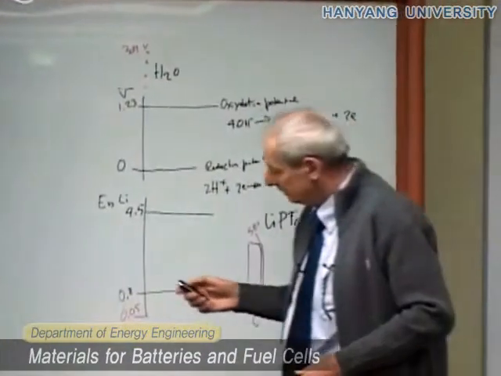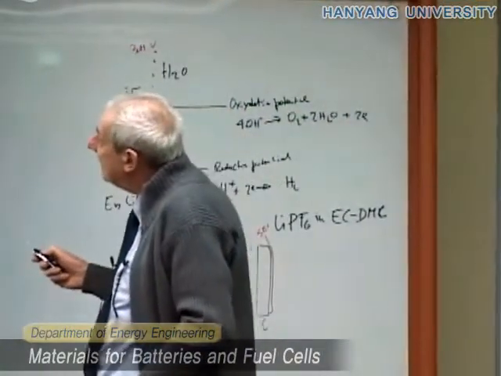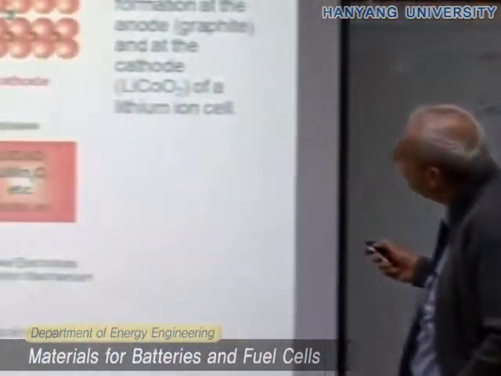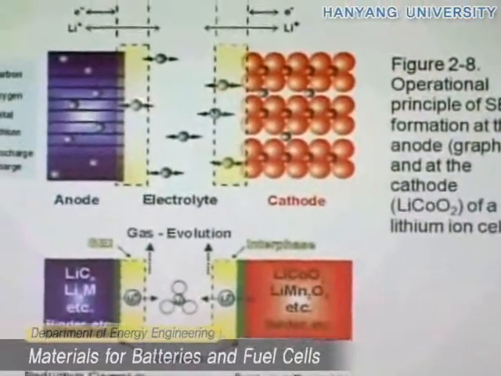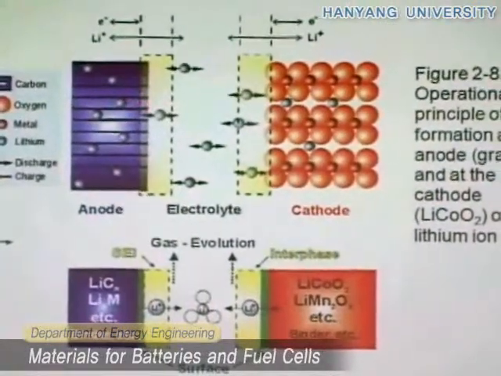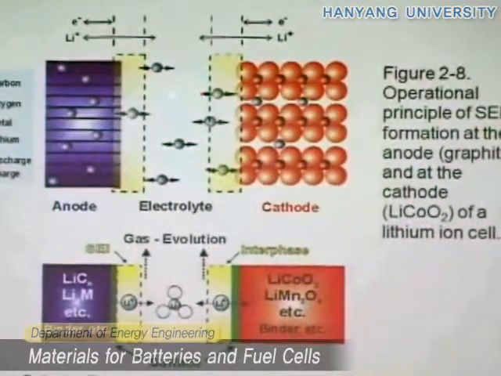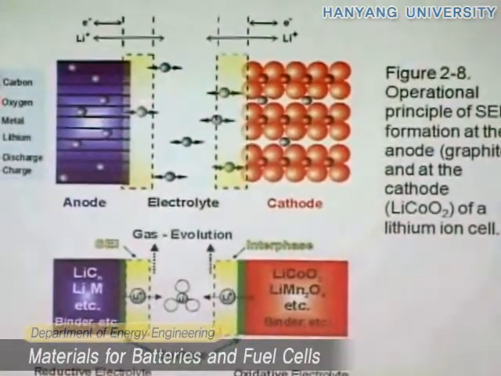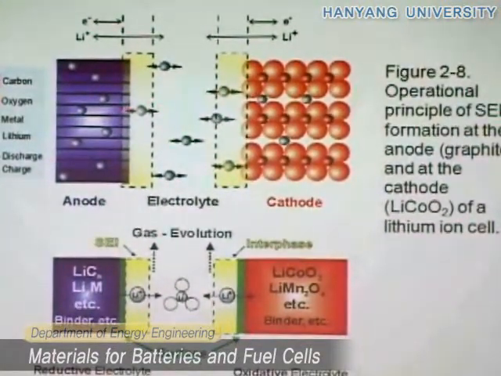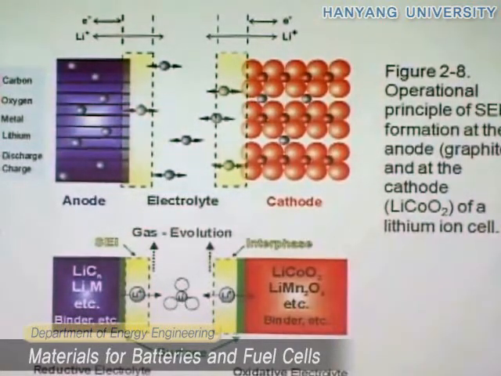And this film here is not permeable to electrons, so it protects from further decomposition of the electrolyte. However, it allows lithium ion transport, this gray one here. So lithium ions can go through this film and enter into the graphite and allow the electrochemical process.